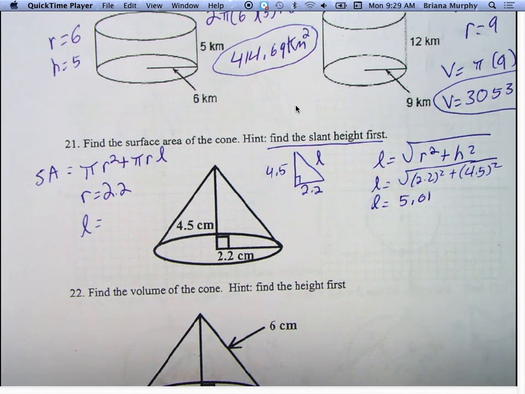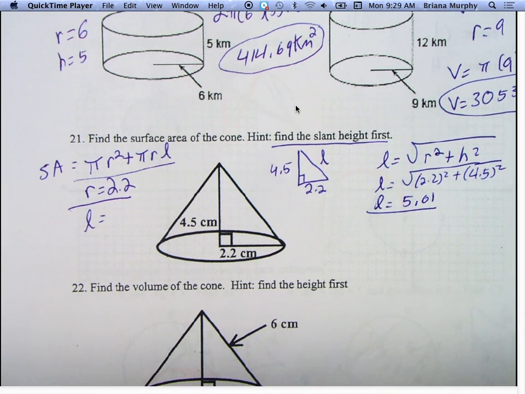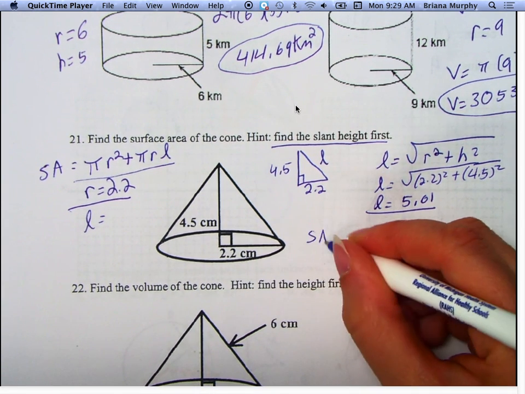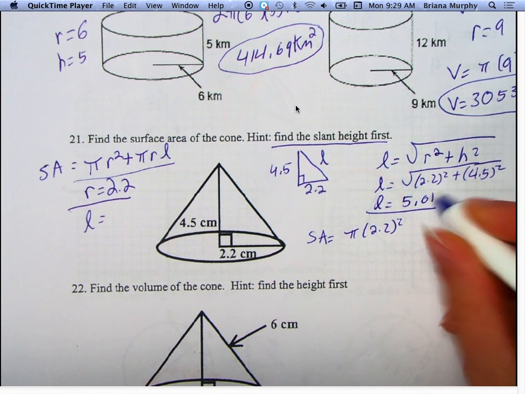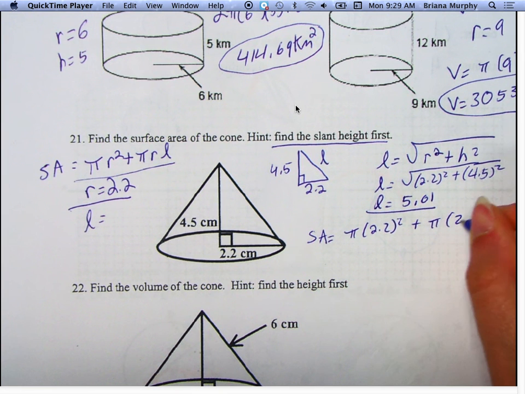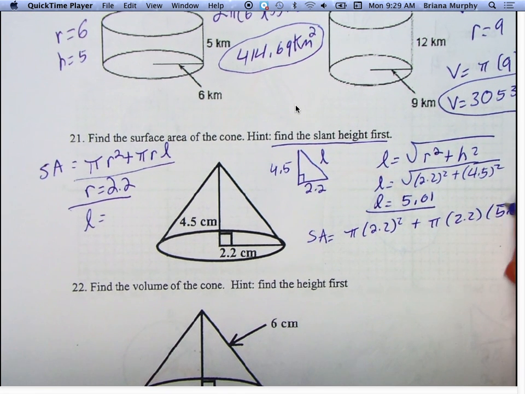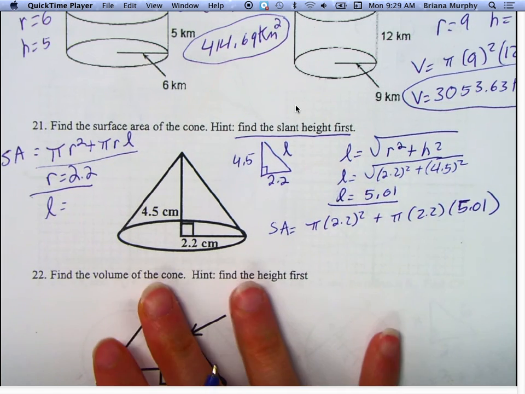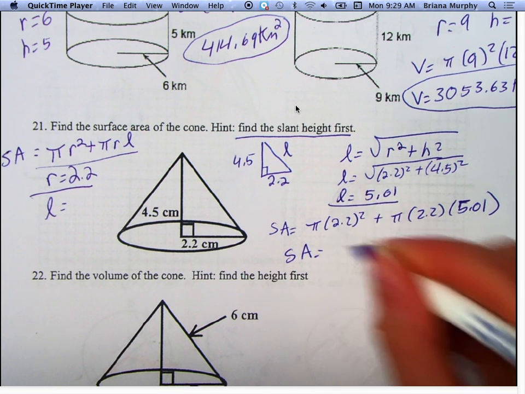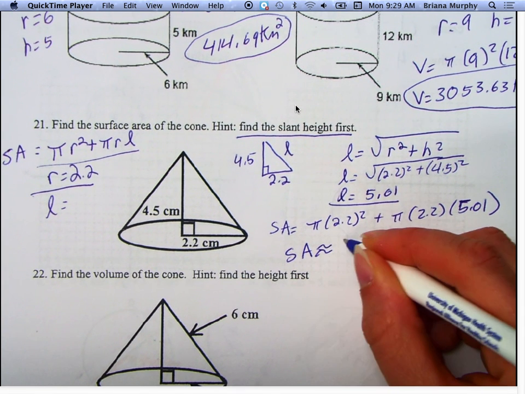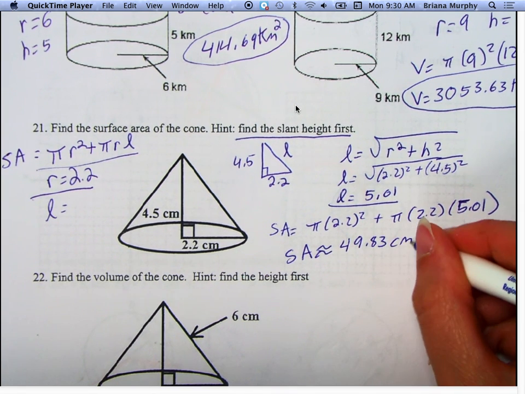Okay, now we have the radius, we have the slant height, we can plug it back into this equation. So we're going to say surface area equals pi times 2.2 squared plus pi times 2.2 times 5.01. I plug that all into my calculator and I get the surface area equals approximately 49.83 centimeters squared.